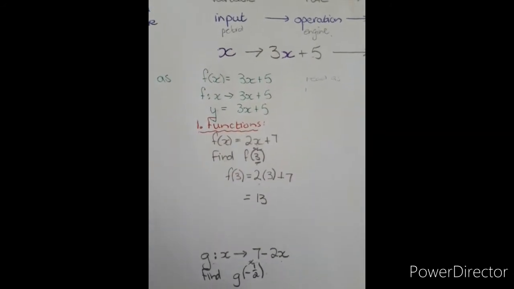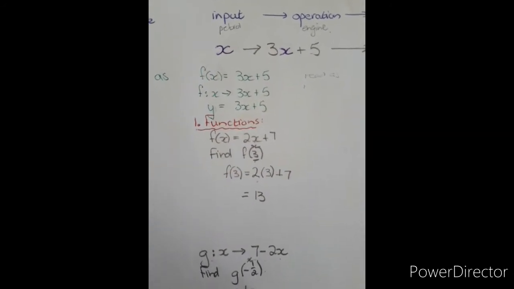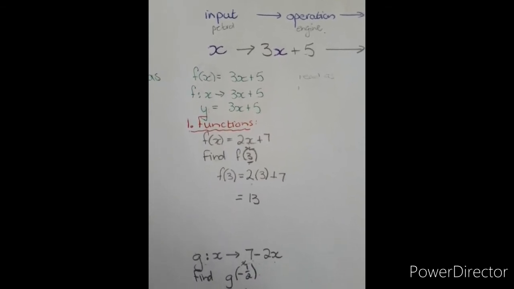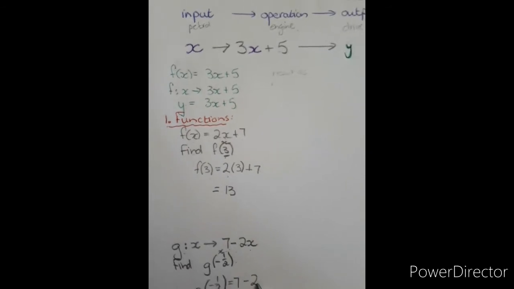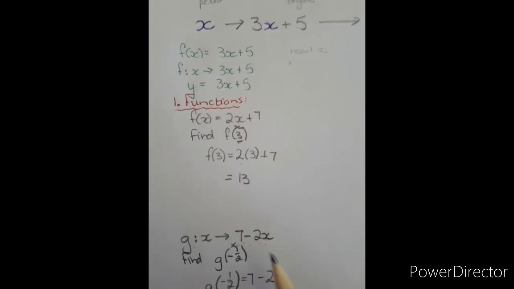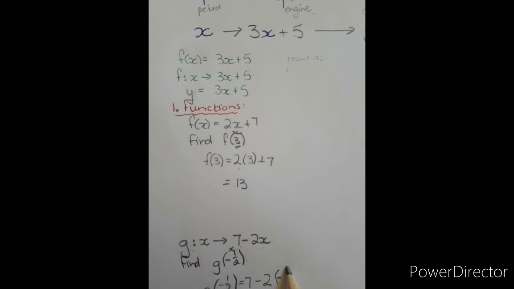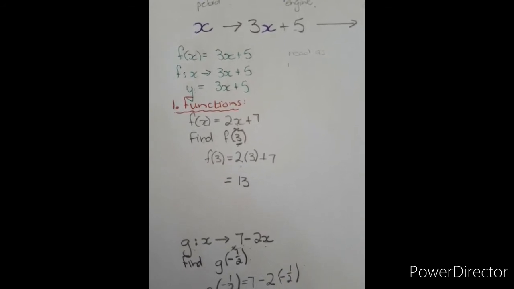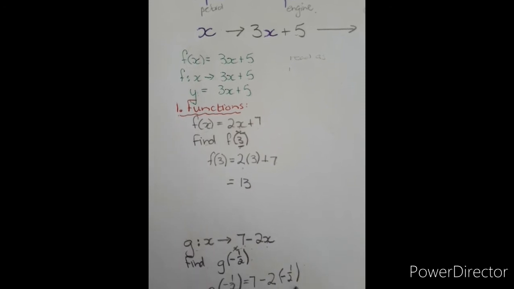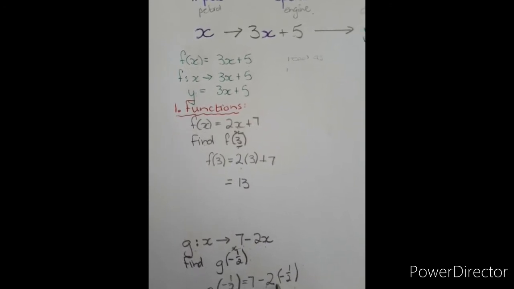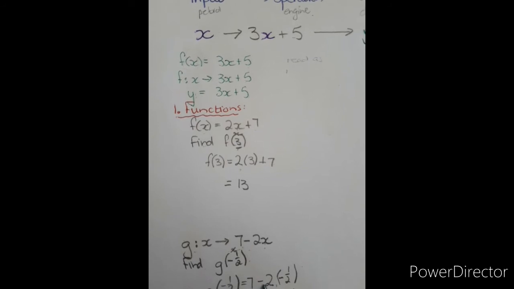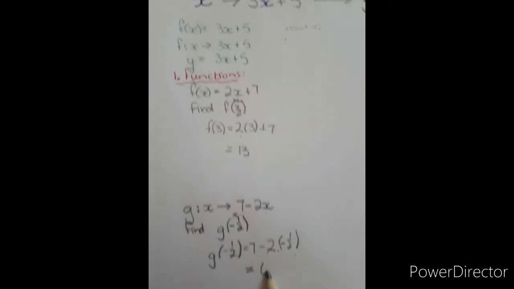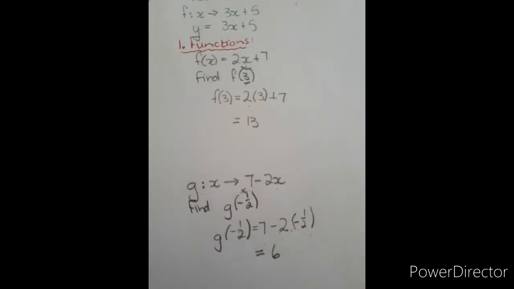So g(−1/2), take your formula, which equals 7, take down the −2, and then in the place of x, write −1/2. If you calculate your right-hand side, you have −2 times −1/2, which is +1, and 7 − 1 gives me the value of 6.